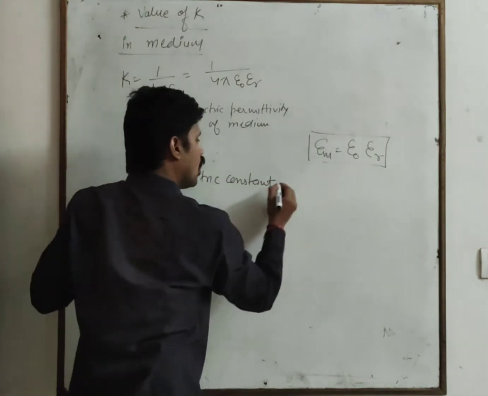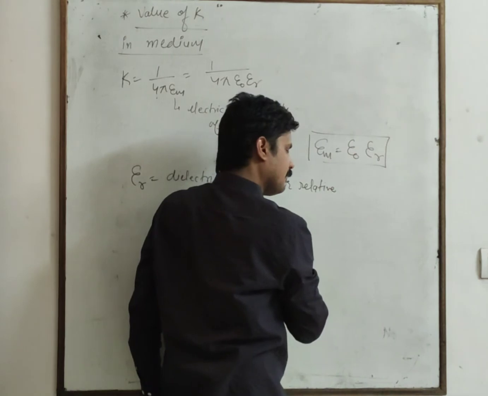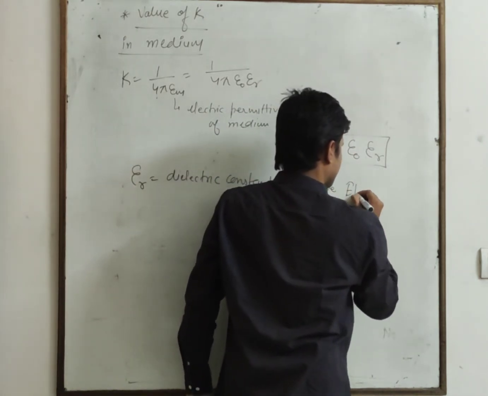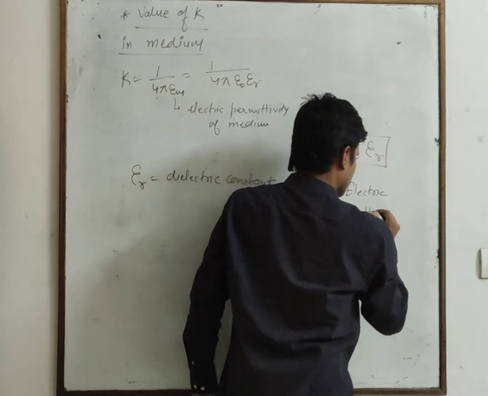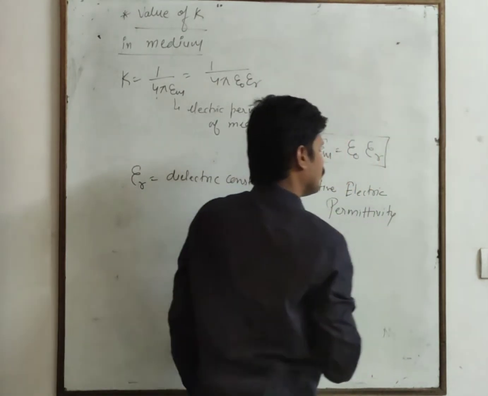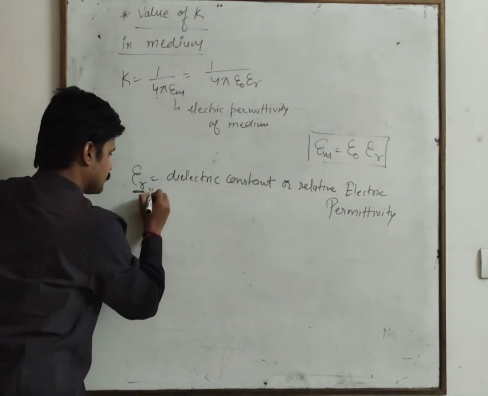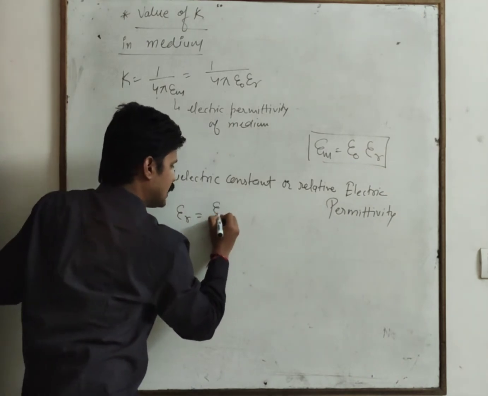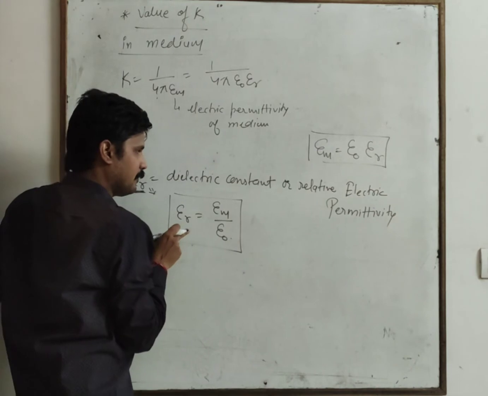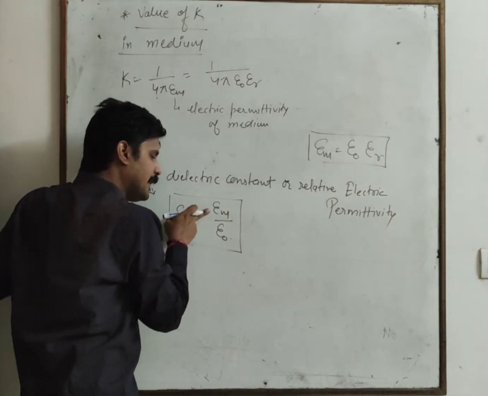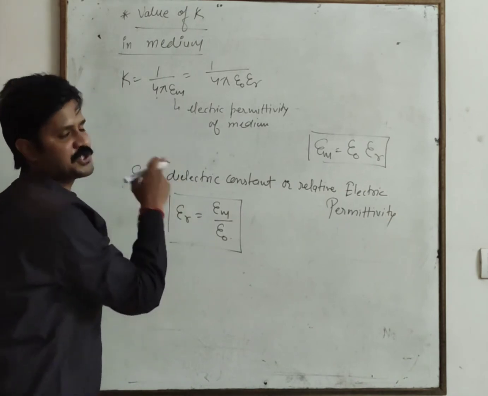Dielectric constant or relative electric permittivity. It means the value of epsilon r is epsilon r equal to epsilon m upon epsilon naught. It means the ratio of electric permittivity of medium to the electric permittivity of free space.